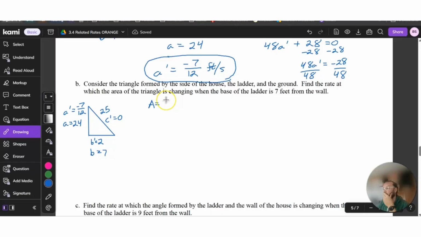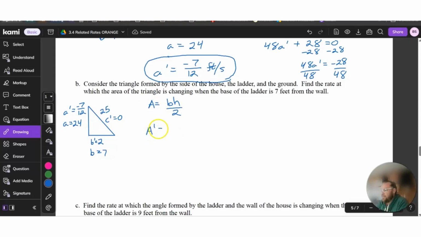Base times height. Divided by 2. Or we can say 1/2 if you prefer. All right, watch. She's going to immediately get mad at that. Okay. So then I would just need to take the derivative, right?